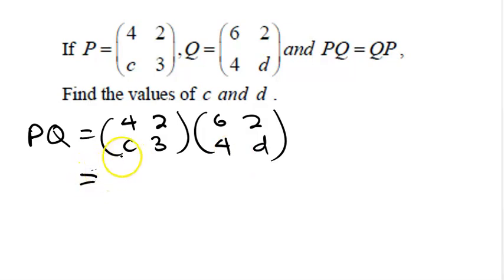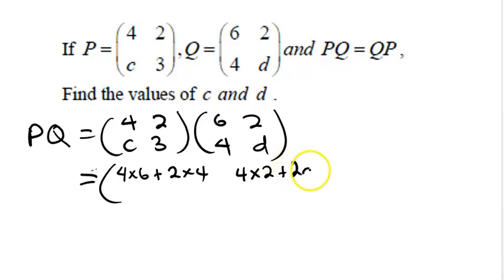First row, first column: 4 times 6 plus 2 times 4. Then first row, second column: 4 times 2 plus 2 times D, which is 2D. Then second row, first column: 6 times 6 plus 3 times 4.